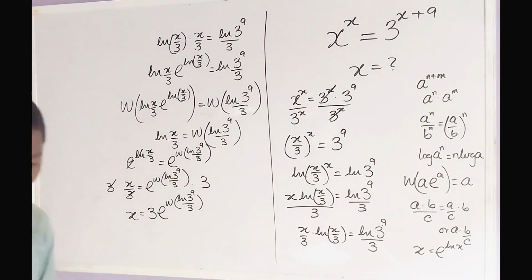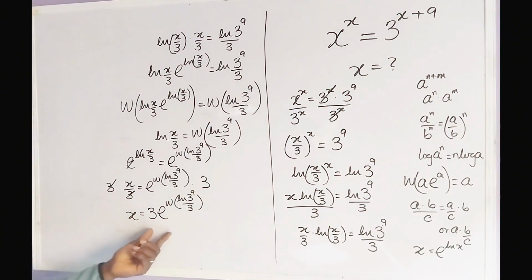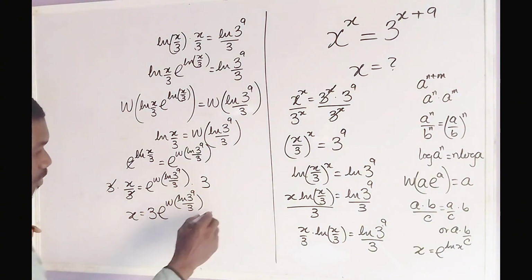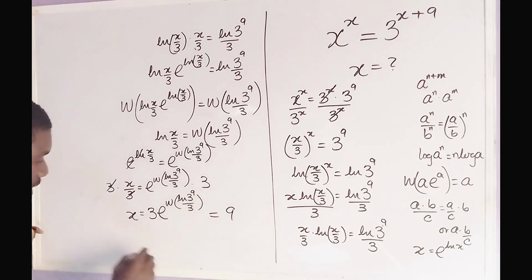Okay, and if you plug this into the Lambert W function calculator, the whole of this will give us 9. Therefore x equals 9. Final answer.